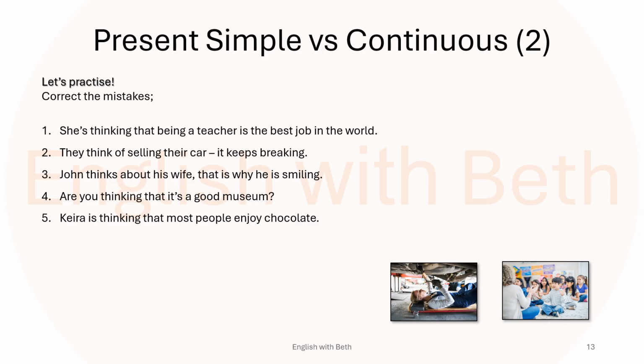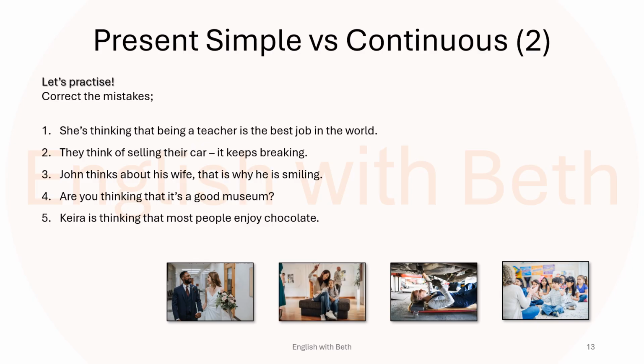Number 3. John thinks about his wife. That is why he is smiling. Number 4. Are you thinking that it's a good museum? And number 5. Kira is thinking that most people enjoy chocolate. Pause the video now and try to correct the mistakes.